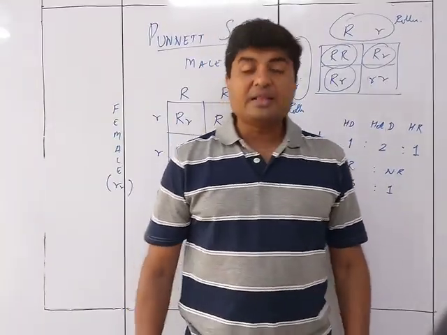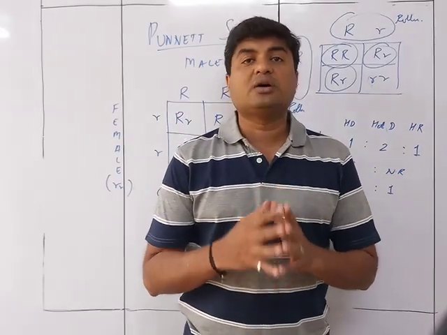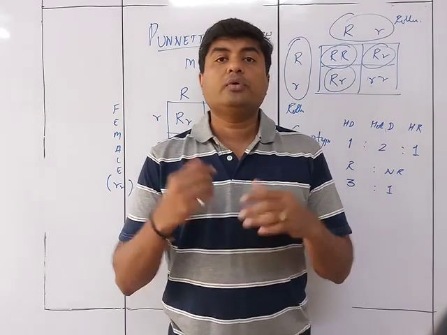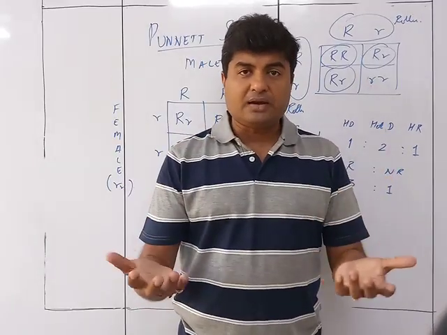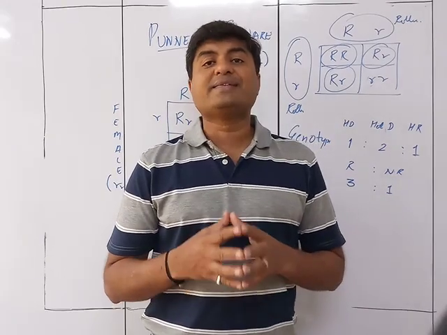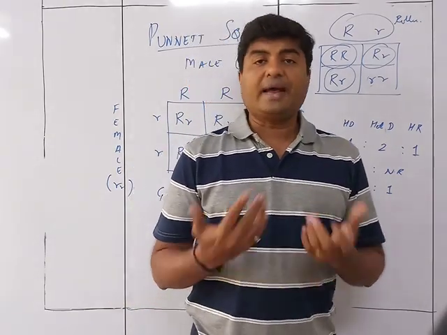So you can see that we can make a Punnett square for different parents, so that we can identify what the resultant child characteristics could be.